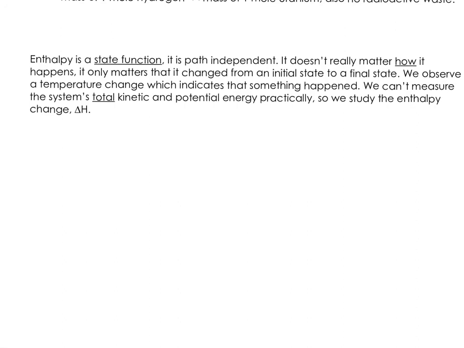So we'll observe a temperature change in the surroundings, which indicates that a reaction has occurred. And we can't measure the system's total kinetic and potential energy practically. So that's why we study the change in enthalpy. And we can do that using a technique called calorimetry.